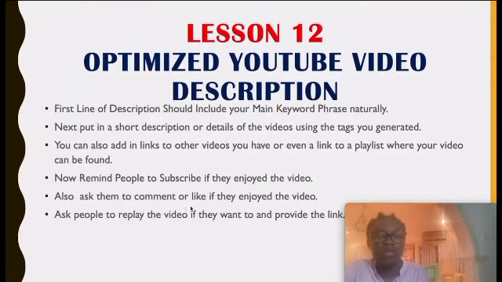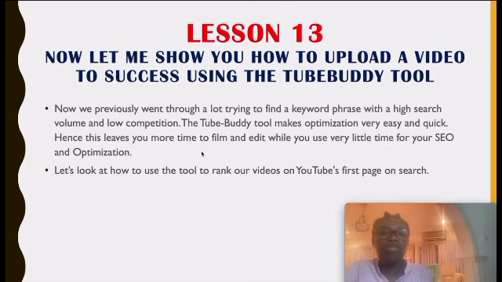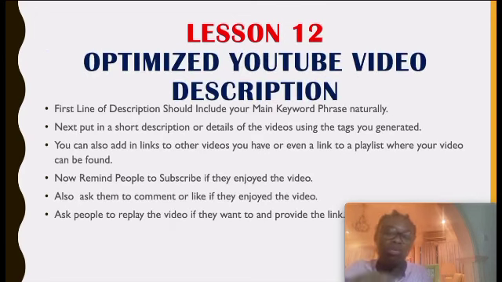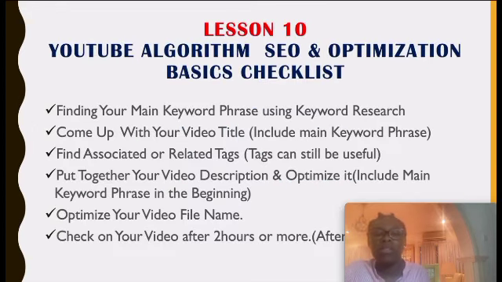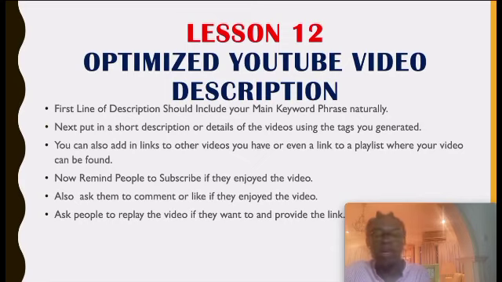Now, this brings us to the end of our YouTube video description. All this that we are doing is without the tool which I was talking about, which we are going to talk about in the next lesson. So if you don't want to get that tool, you can apply what we've studied so far about titles and the checklist we have here to make your video and upload it.